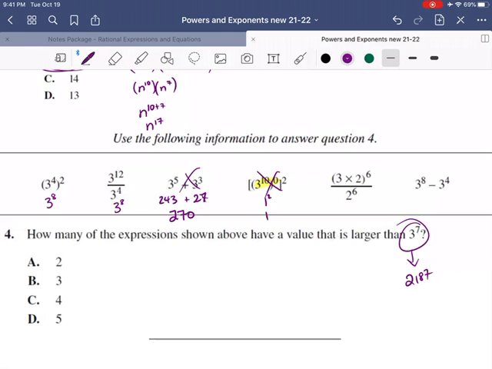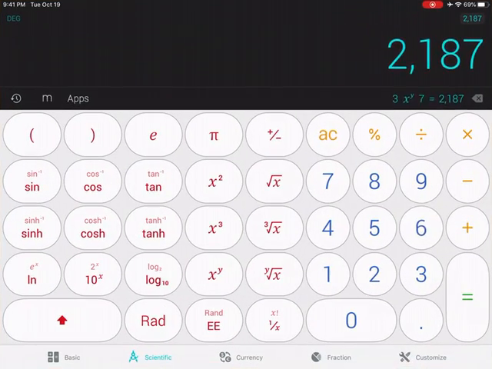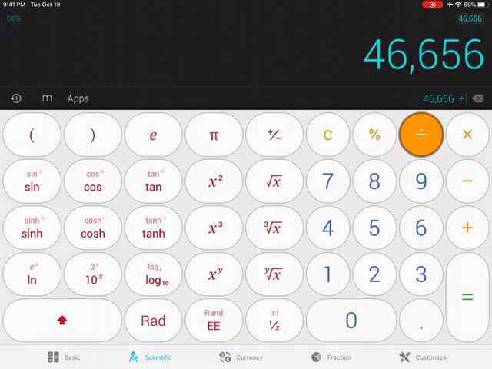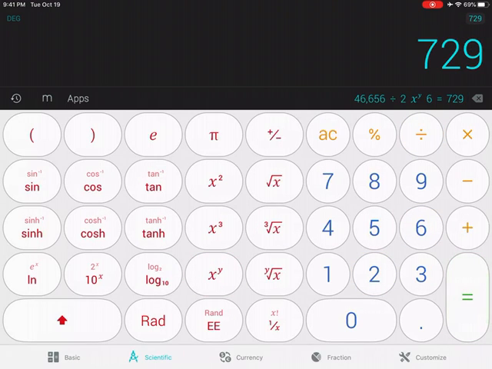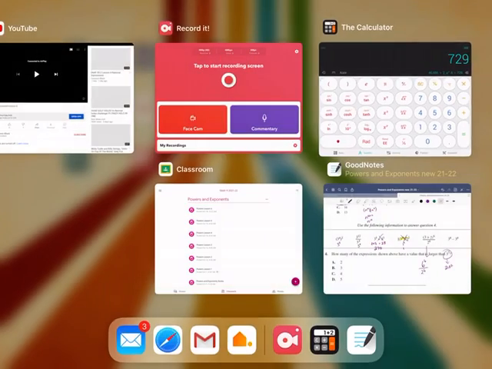This part, 3 multiplied by 2, so this is going to be 6 exponent 6 over 2 exponent 6, which we can calculate here. So 6 exponent 6, let's clear it first. 6 exponent 6 divided by 2 with an exponent of 6. So that comes to 729.